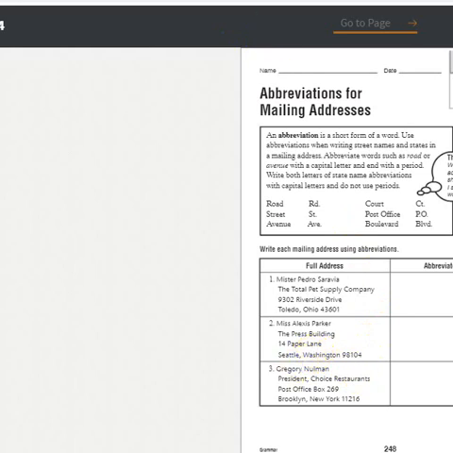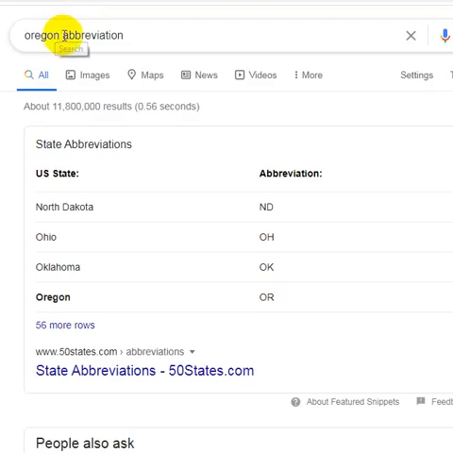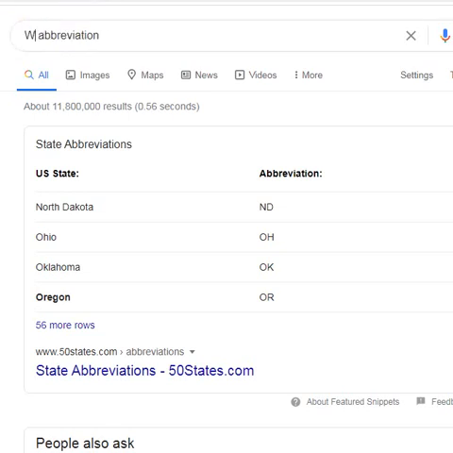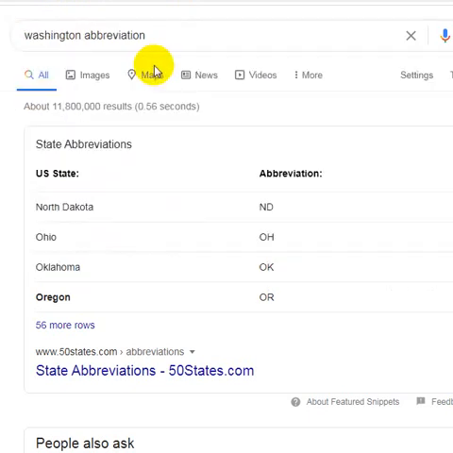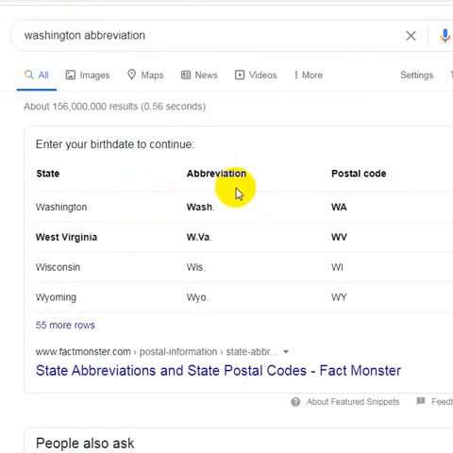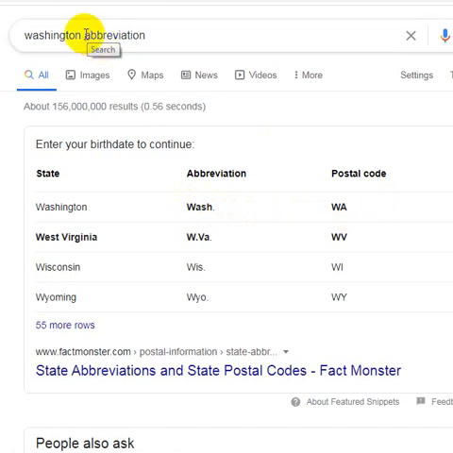You can do the same thing, right? Let's put in Washington abbreviation. And you're going to get it right over here. This is one abbreviation for it, right? Wash dot, we want this one over here. Washington State, right?